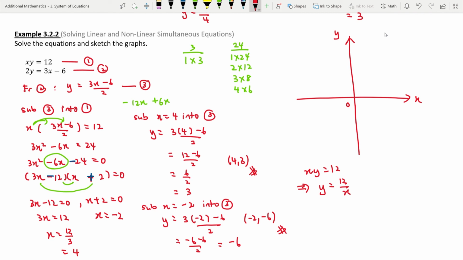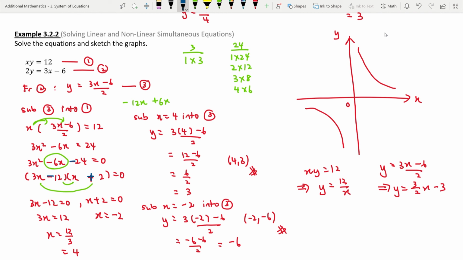This is a reciprocal graph. And for the second equation, we already obtained y is equal to (3x minus 6) over 2. We further simplify it. We will get y is equal to 3 over 2 x minus 3.